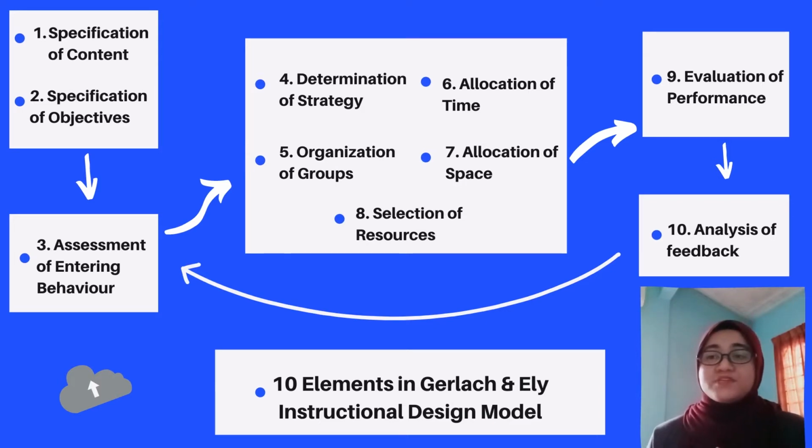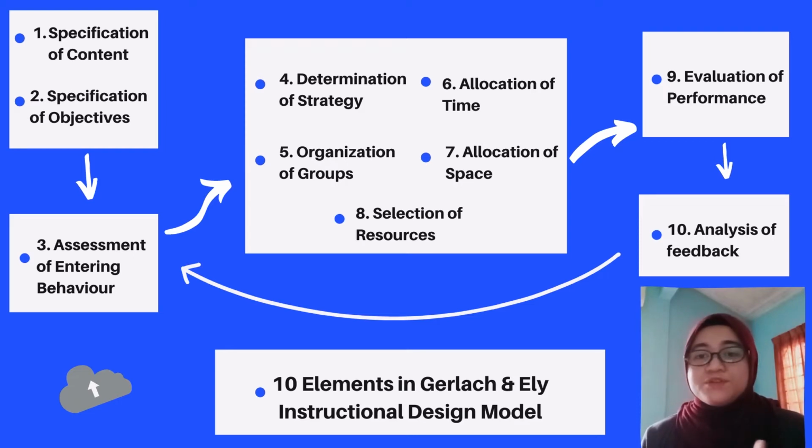The first process will be specification of content and specification of objective. After you've done that, you will go to the next step, which is assessment of entering behavior. When you're done with that, you will go to the next element, which is determination of strategy, organization of groups, allocation of time, allocation of space, selection of resources.